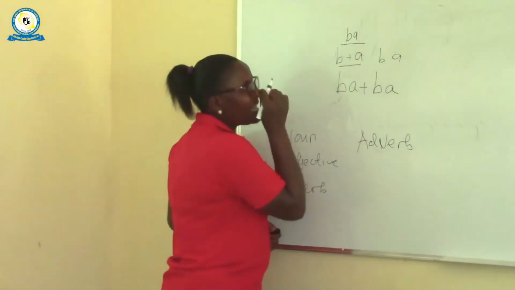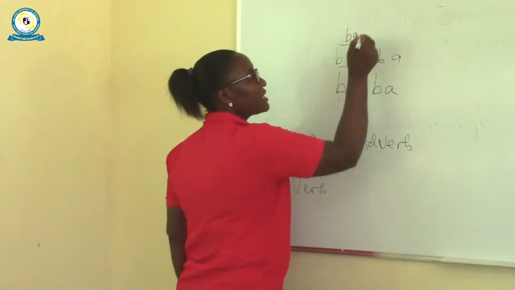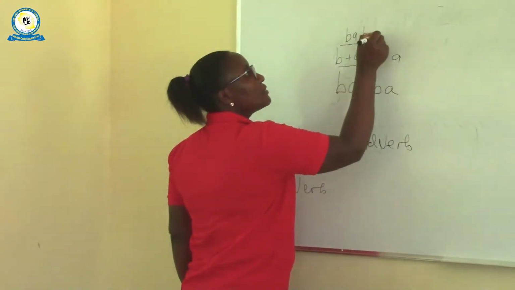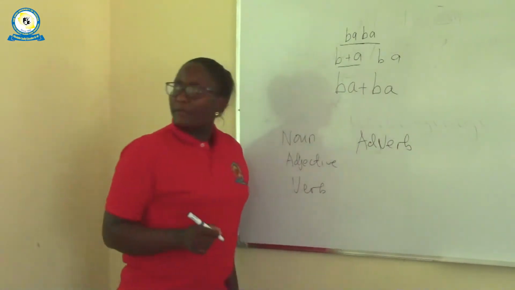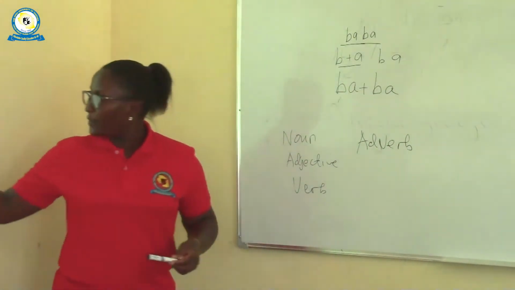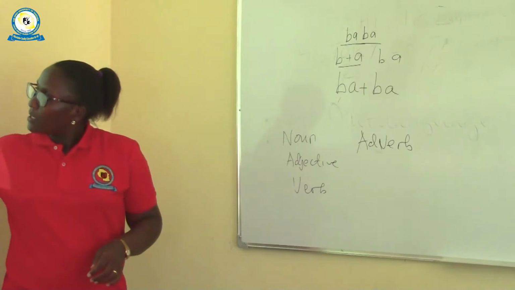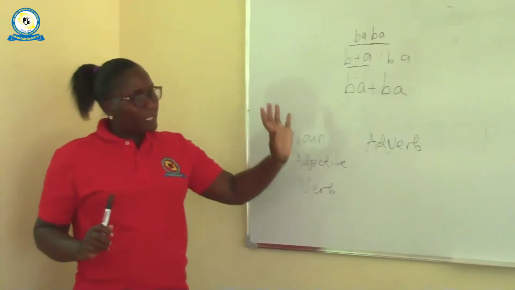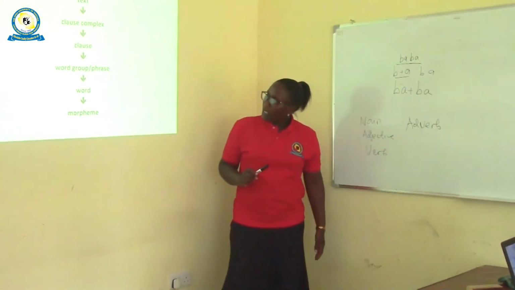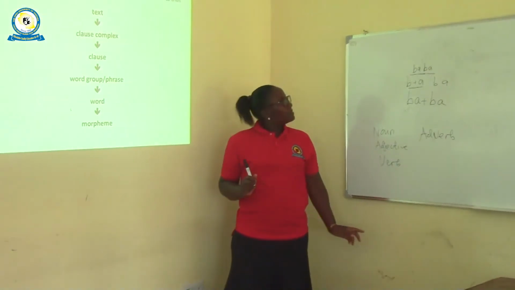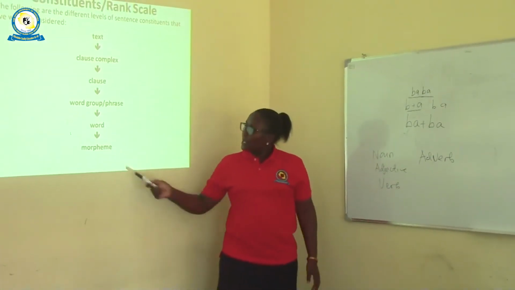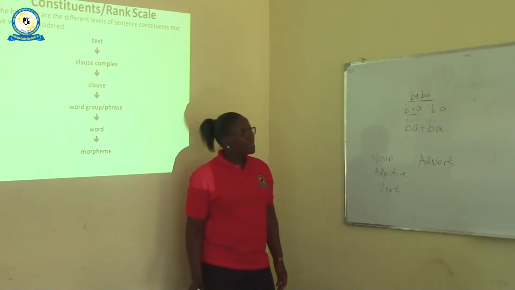And then when we combine this phonological unit together, we get what? We get the word. So from the morpheme, the segmented symbols, then we come up with a word.